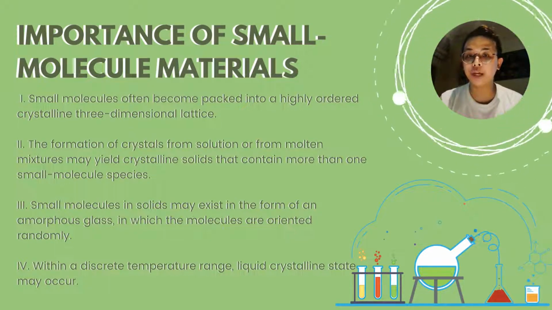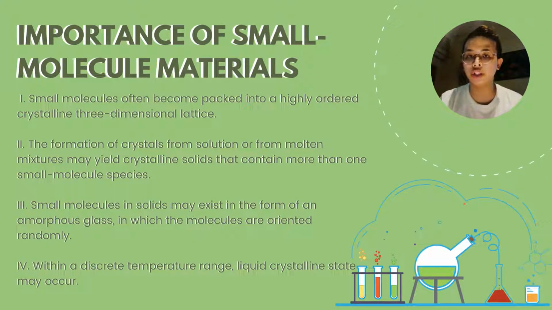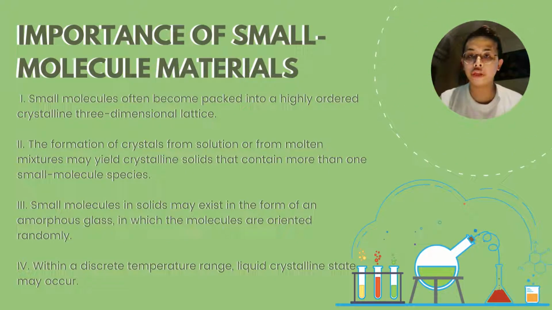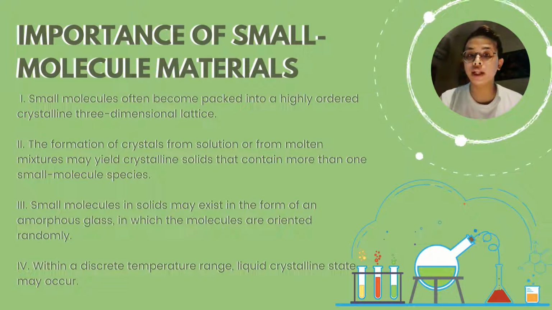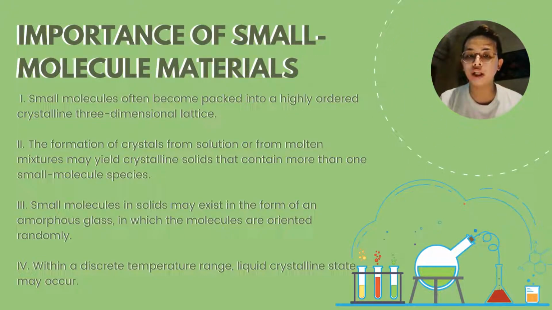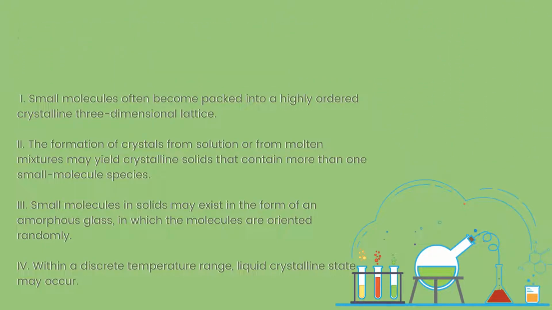Second is that the formation of crystals from solution or from molten mixtures may yield crystalline solids that contain more than one small molecule species. Third, small molecules in solids may exist in the form of an amorphous glass, in which the molecules are oriented randomly. Lastly, within a discrete temperature range, liquid crystalline state may occur.